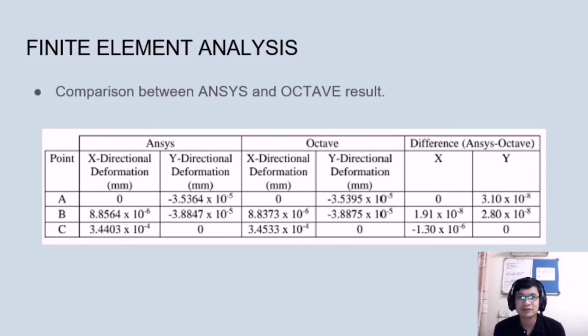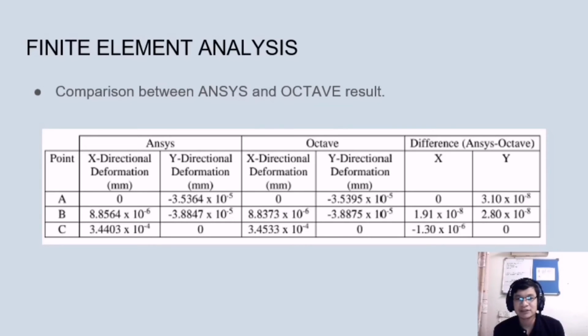actually it's quite small. We can see at point A, there is no difference in x directional deformation, while there is a slight difference in y directional deformation, which is 3.1 times 10 to the power negative 8.